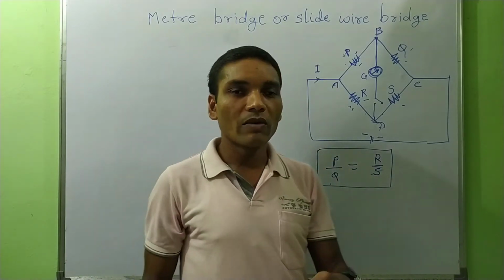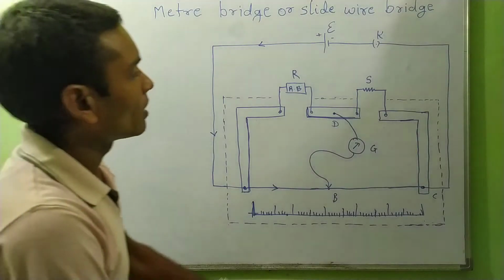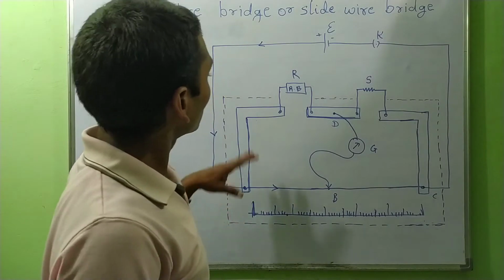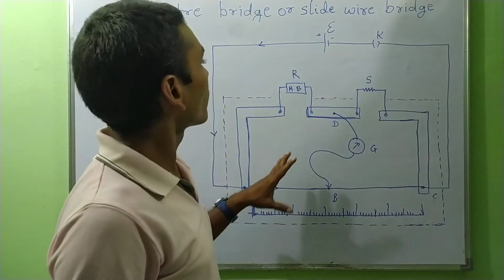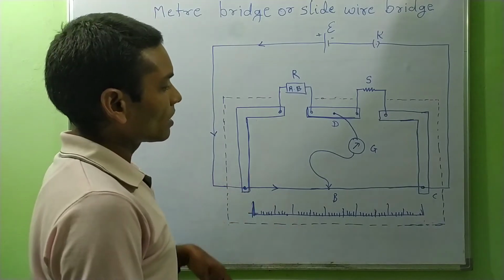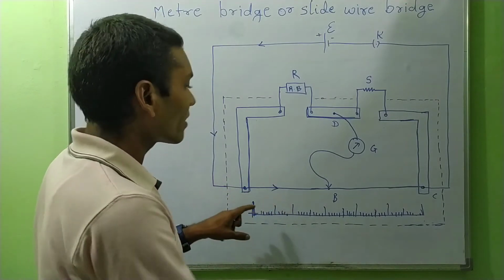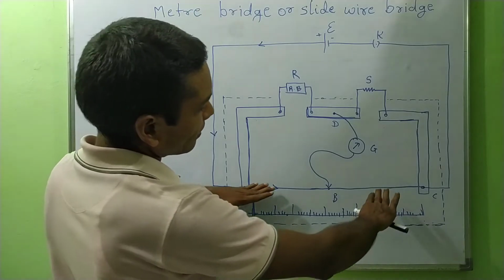First of all we have to understand the construction of a meter bridge. In the construction of the meter bridge, a rectangular wooden block is taken, and over the wooden block a 1 meter constantan or manganese wire is fixed on one side.